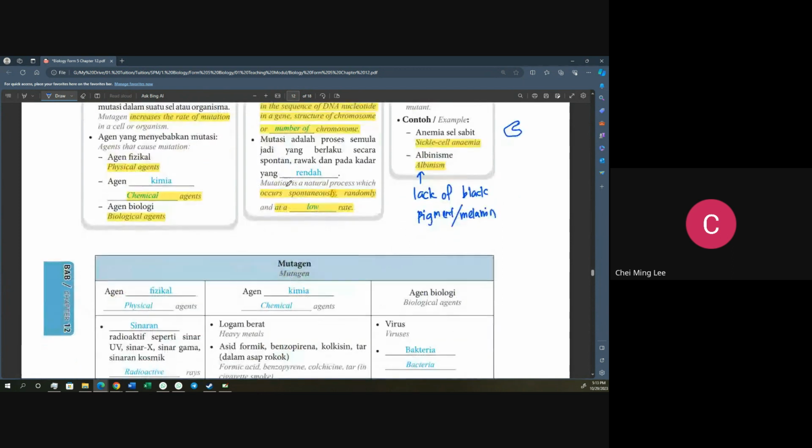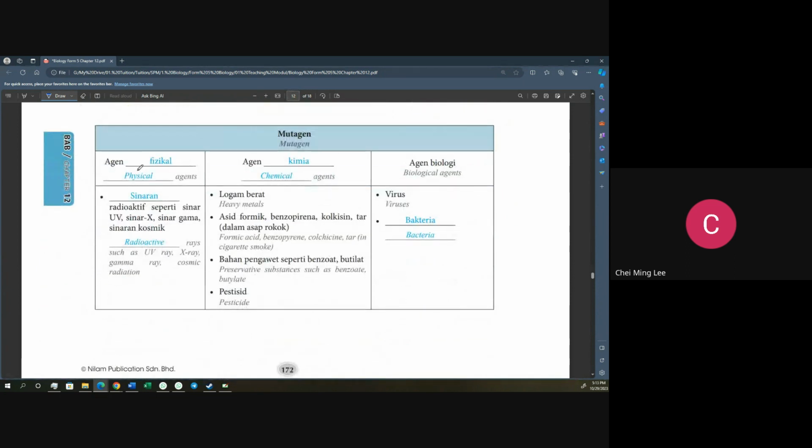Okay, so let's see the mutation. For the physical agent, we have radioactive rays, for example UV ray, X-ray, gamma ray, and cosmic radiation.